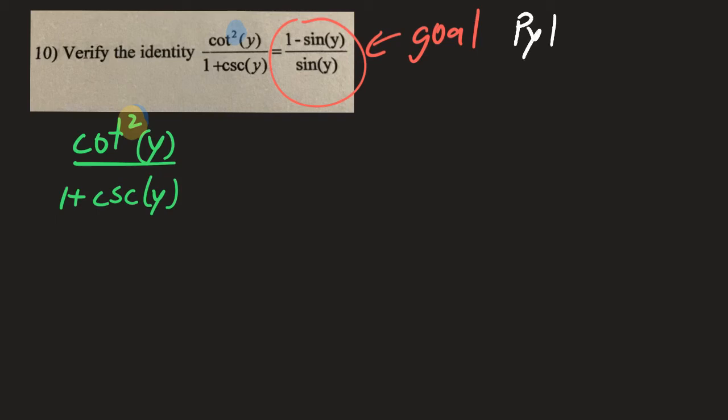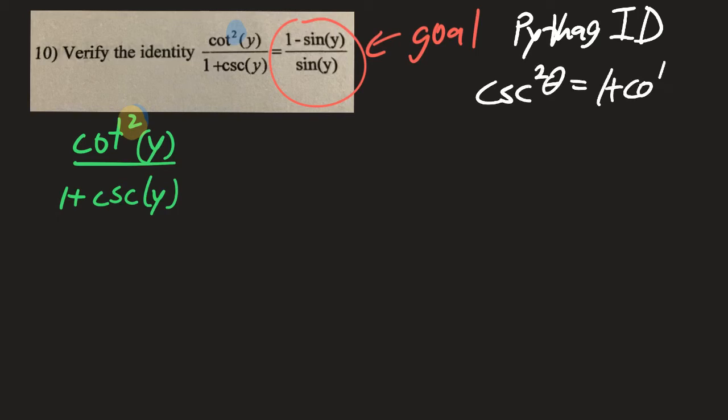The Pythagorean identity reads as cosecant squared theta equals 1 plus cotangent squared theta. And if I just move some things around, I just want this cotangent by itself. So minus 1. I've got cosecant squared theta minus 1 equals cotangent squared theta.